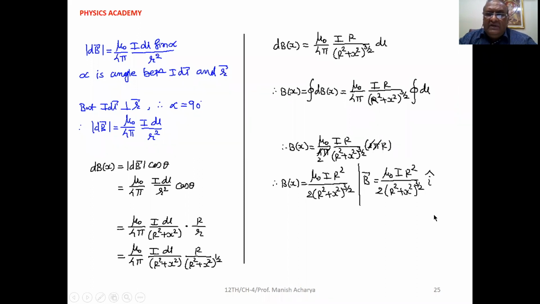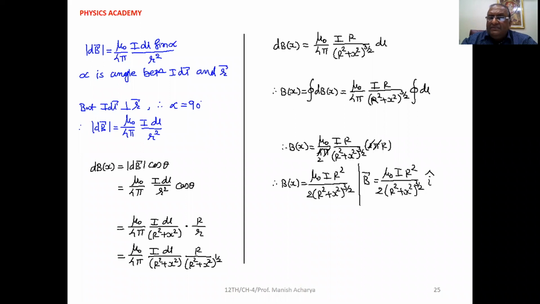So in short, the magnetic field due to that current carrying ring at any point on its axis will be along the axis.